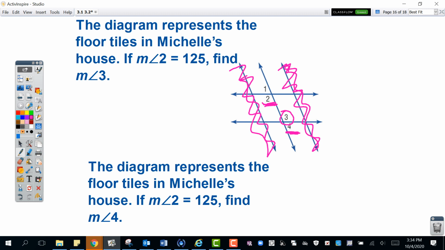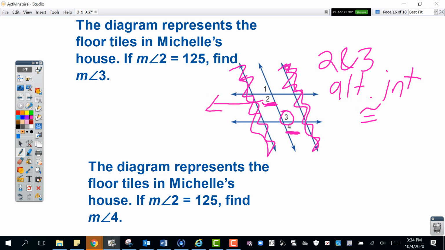Therefore, they're alternate interior angles. So 2 and 3 are alternate interior. All right, and I go to my chart, and I see that alternate interior angles are congruent to each other. Therefore, if angle 2 is 125 degrees, I know that angle 3 is also 125 degrees. Okay, so I'm getting closer to angle 4.